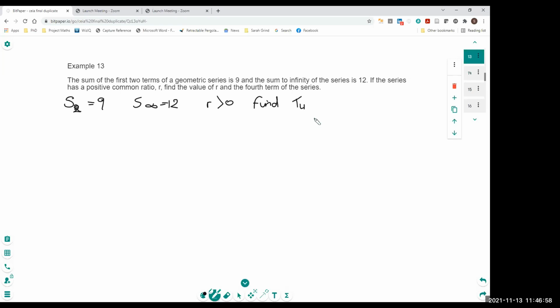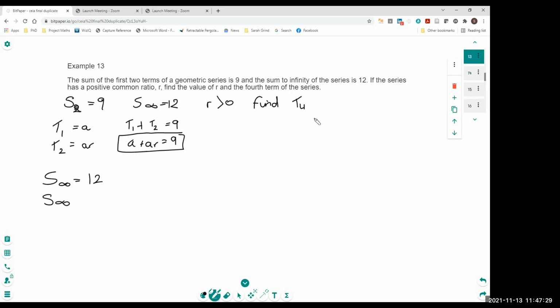So T1 is equal to a. We know that. T2, it follows, is ar, and we know that T1 plus T2 is equal to 9, so a plus ar is equal to 9. The sum to infinity is 12, but it's also equal to a over 1 minus r, and that's equal to 12.